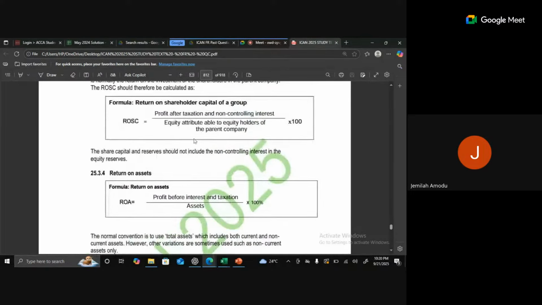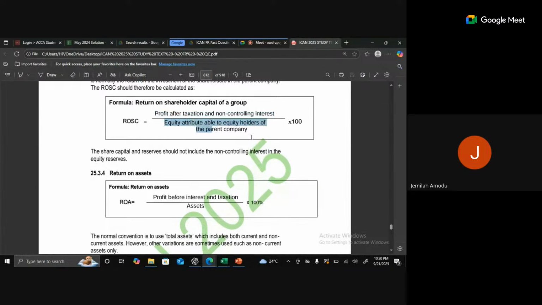And again, whatever answer you get from here, for you to interpret it very well, try to link it to all those elements that make up your formula, right? An increase or decrease in your return on share capital ratio will be as a result of an increase or decrease of those elements that came together to make up your profit after tax.